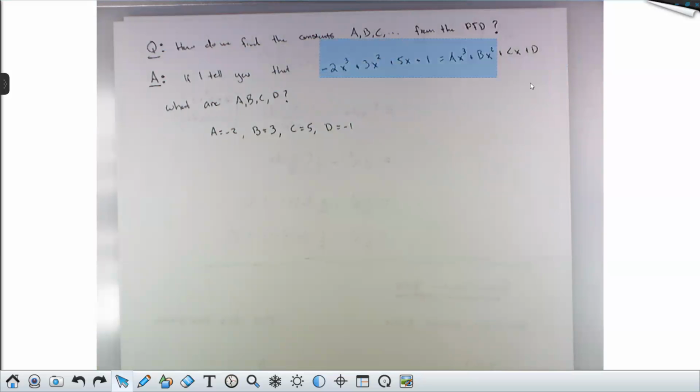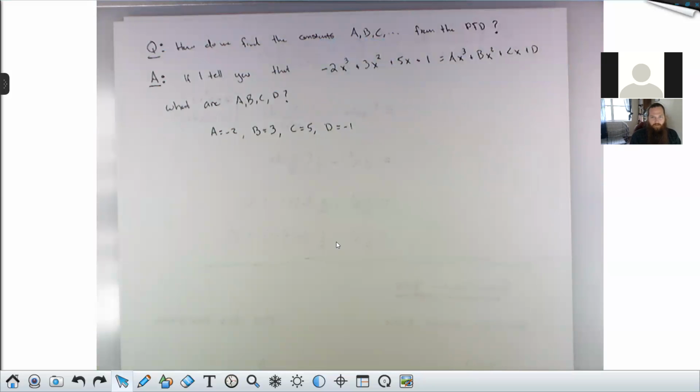Does anybody know why we can do this? Why are the only numbers that could work for a, b, c, and d negative 2, 3, 5, and negative 1? This is a question that's just barely beyond the scope of this class, but I'm curious if anybody has encountered the term before.